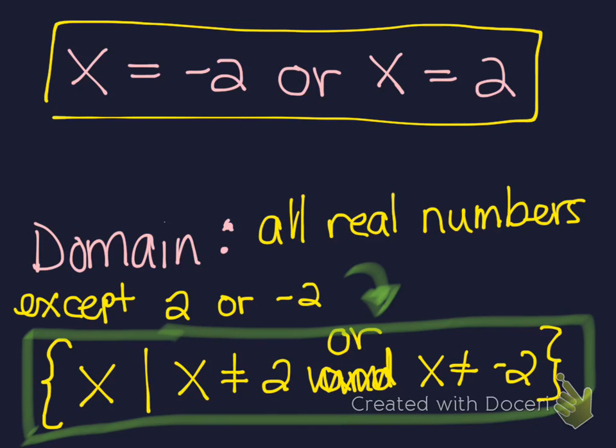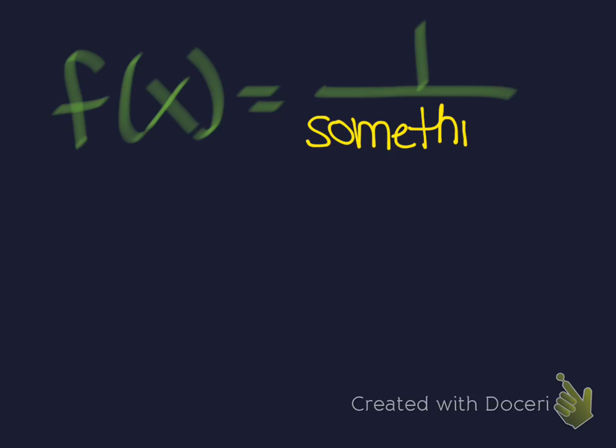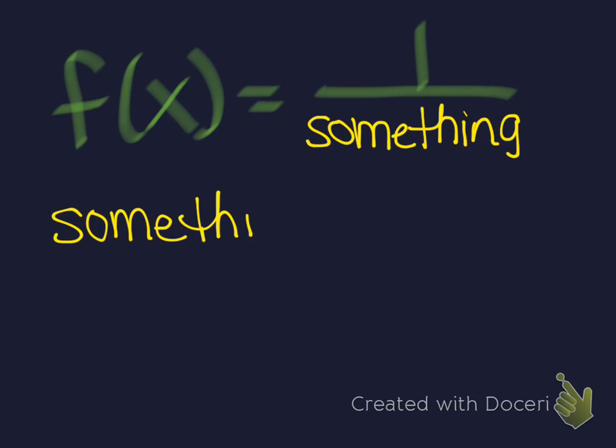Alright, that helps clear up some of the domain issues. So remember, when I'm looking at a function, f of x is equal to 1 over something. Whatever the something is down here, I set that equal to 0 and solve. So something equals 0, okay?